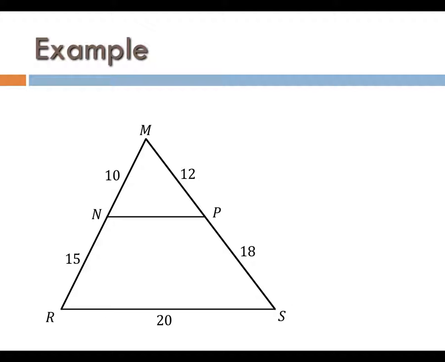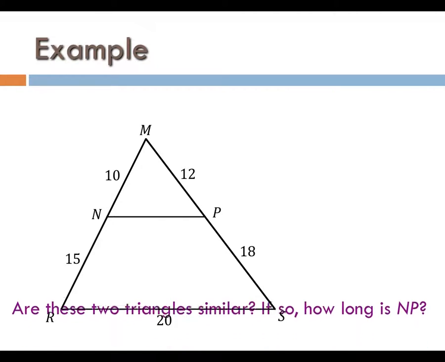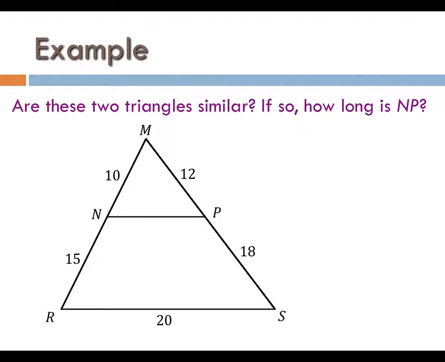Beautiful. Let me see what information I got for you here. Are those two triangles congruent? Sorry, I keep using that word. Are those two triangles similar? We don't know. What do we need to know in order for them to be similar? Yes, Tom?